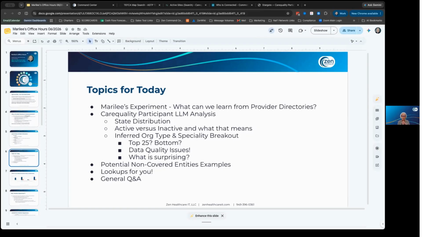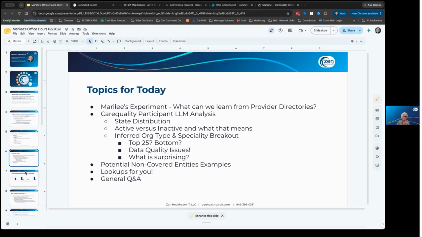Carequality is the oldest trust framework, in the sense of this idea of pulling together multiple networks. I think eHealth Exchange folks might argue with me there. Arguably, it was the very first to be a national network, has a lot of regional health information exchanges in it. But it does participate in Carequality. So you get kind of this additive effect.